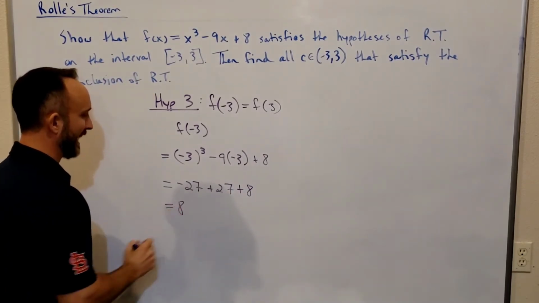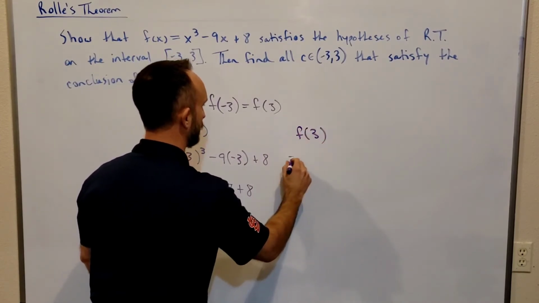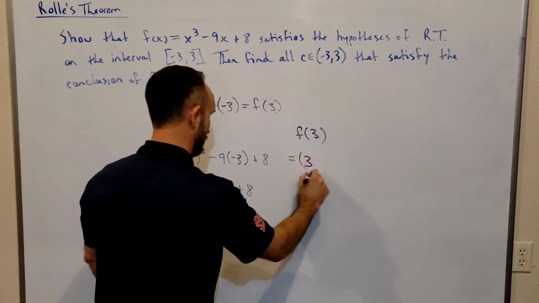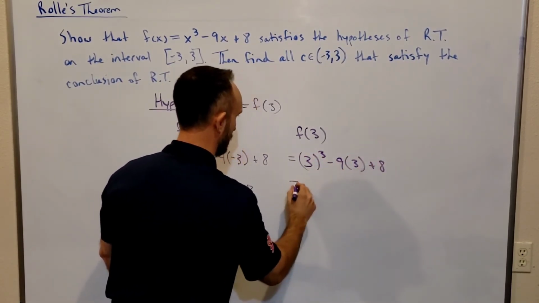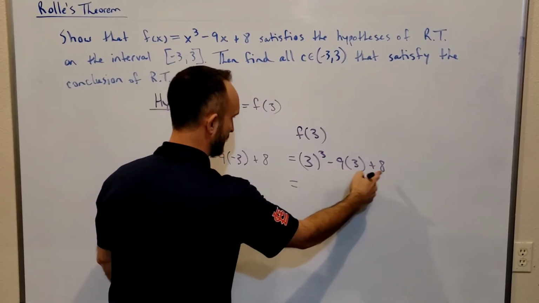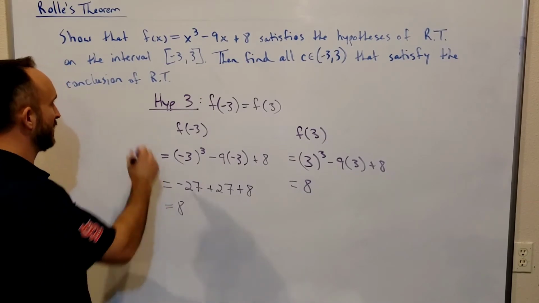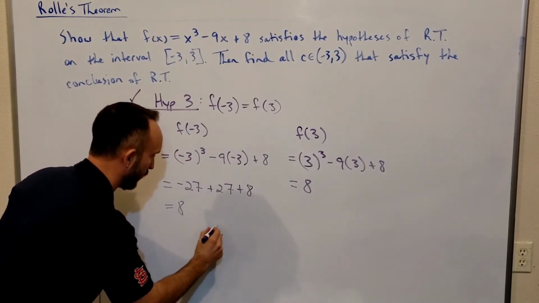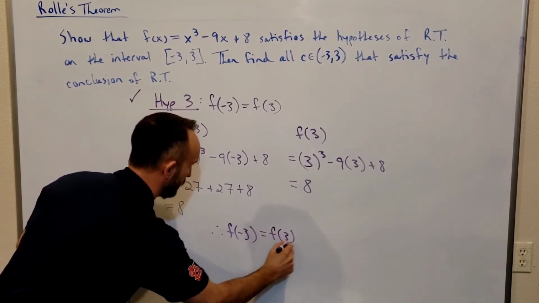Adding all that together, we get 8. F of 3 equals 3 cubed minus 9 times 3 plus 8. So we get 27 minus 27 plus 8. So we get 8 again. So we've proven that f of negative 3 equals f of positive 3.